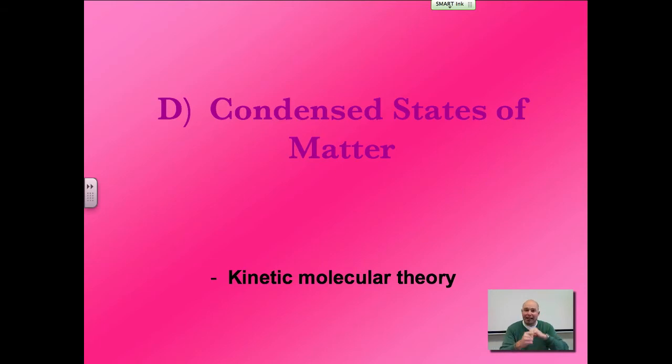In a liquid, they can move past each other, but they are still pretty tightly compacted. And gases are bouncing out and can move away from each other as easily as possible. I do want to mention that condensed states of matter have an increased density. There are more molecules in a certain area, so therefore there's an increased density.